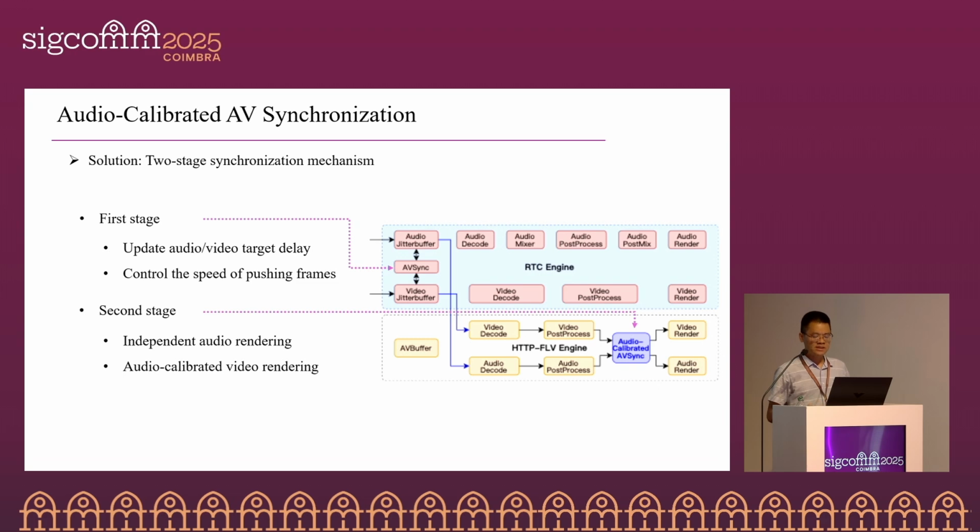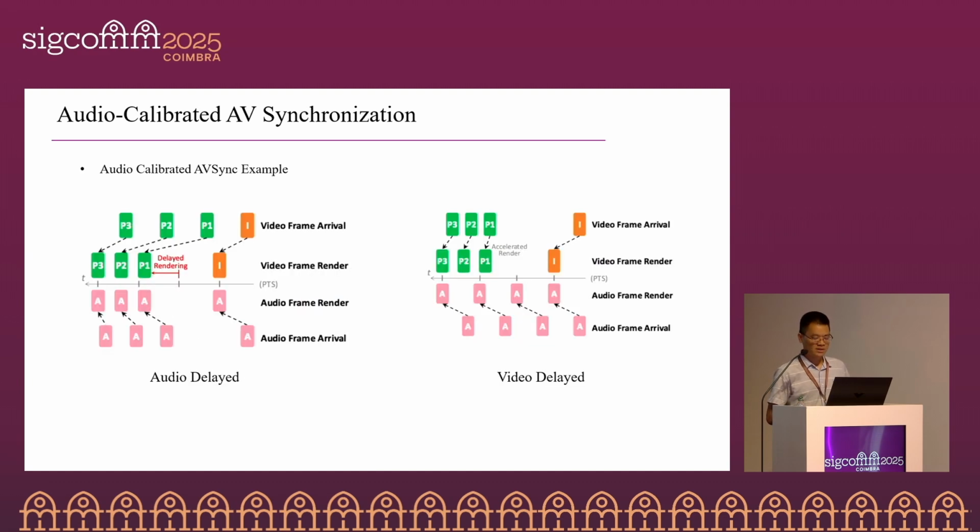We implemented a two-stage synchronization mechanism to address the AV drift problem. In the first stage, the AV sync in WebRTC prefers loose AV sync. In the second stage, we designed a new audio-calibrated AV sync model for rigorous AV sync. So here are two examples. In the left example, if the audio is delayed, the corresponding video frame P1 should also wait to maintain synchronization.